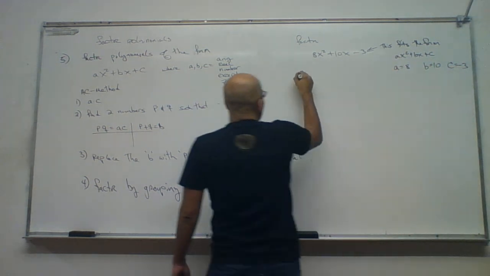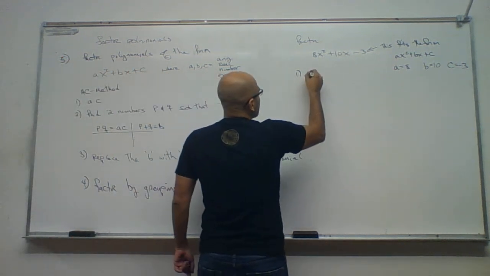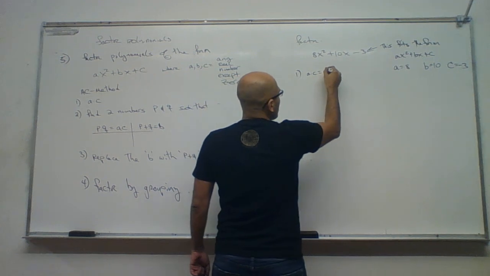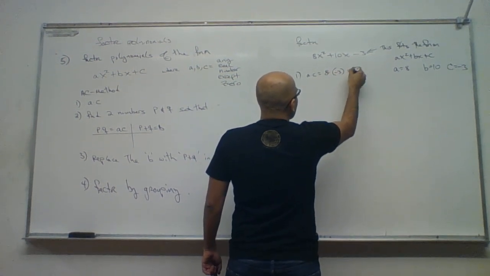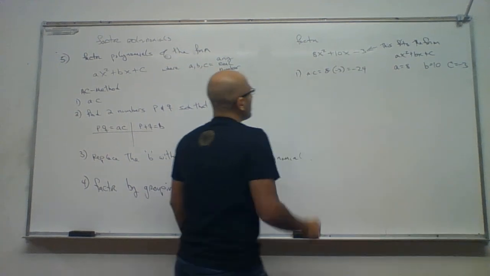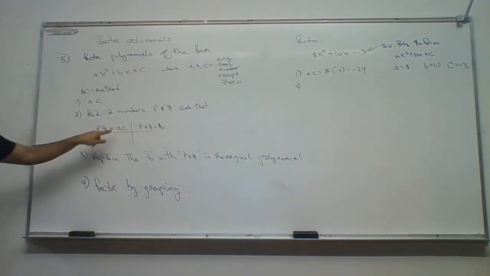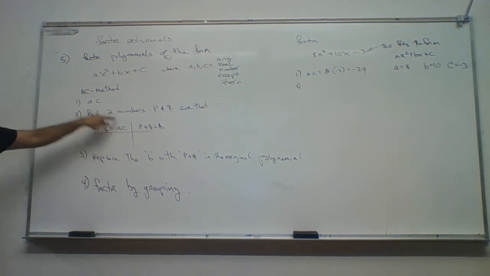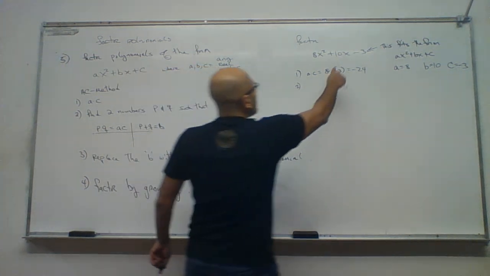Okay, so let's follow the process. Step number 1, multiply a times c. That's going to be a times c, which is equal to 8 times -3, which is equal to -24. Step 2, find two numbers, if they exist, such that when you multiply them, they give you the result of step 1, but when you add them, they give you the middle value b.